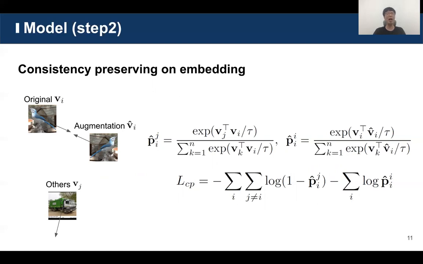We calculate p_ij, the probability of a given instance i being classified as the jth instance, and p_ii hat, the probability of being classified as its own augmented instance. By minimizing this consistency preserving loss, the model can revise any misclassified cases over the batches and preserve its representation power. Our second stage model is finally optimized with the class assignment loss and the consistency preserving loss.